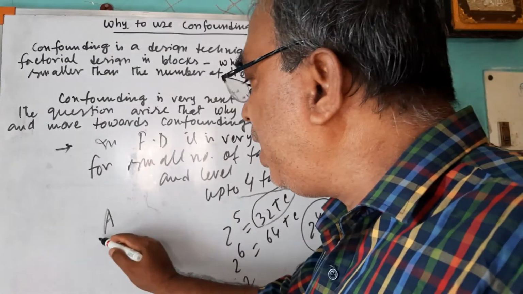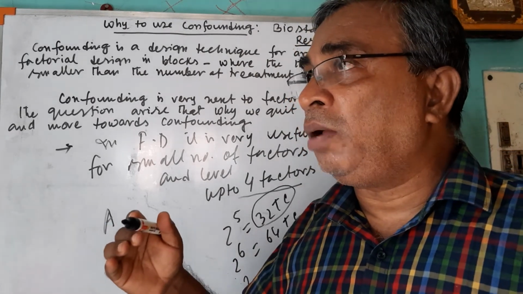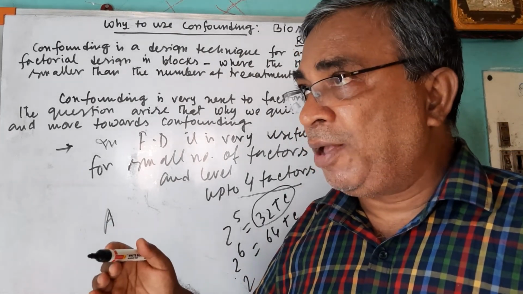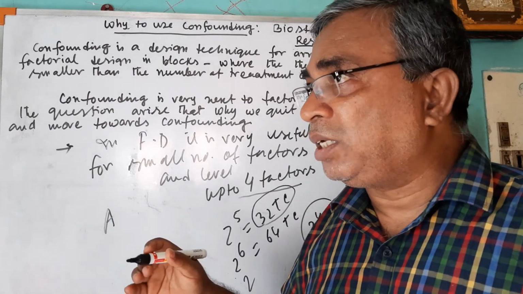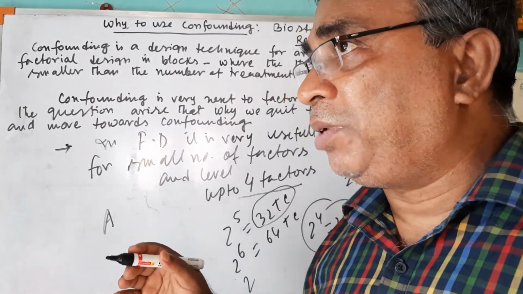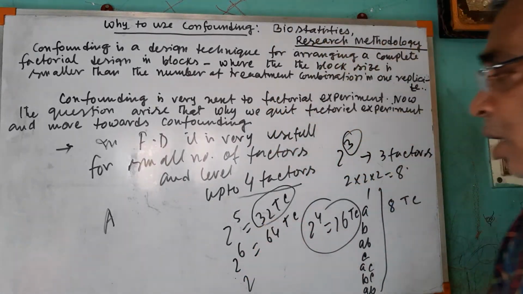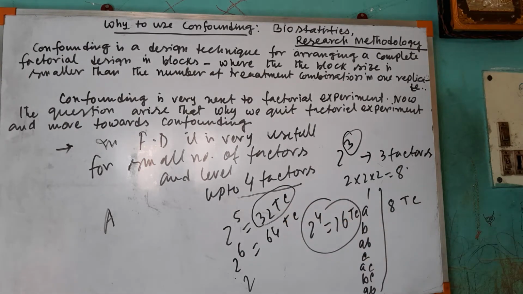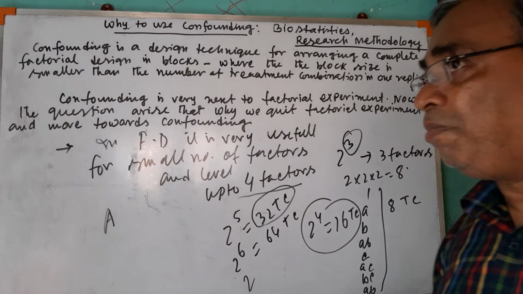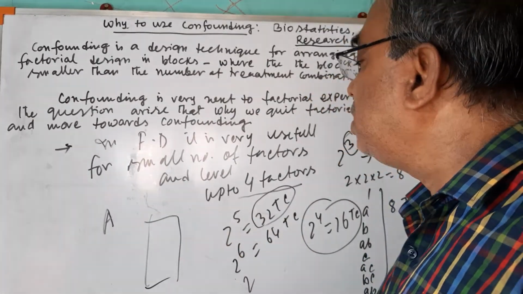Not only the A factor, we can also confound an interaction effect, such as AB, sometimes BC, sometimes ABC. Then the treatment combinations become half. That means the 32 treatment combinations are divided into 2 equal parts: one part of 16, another part of 16.